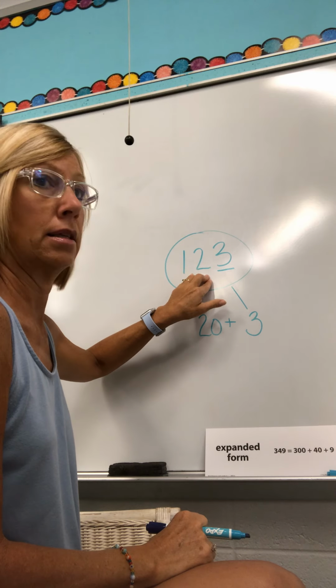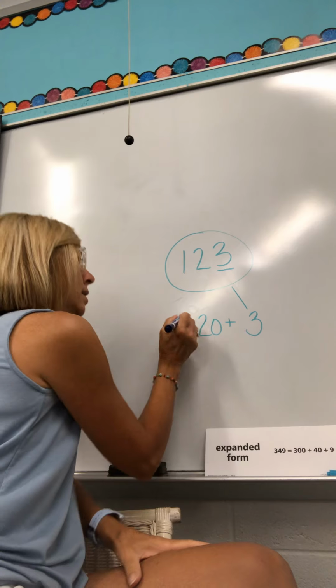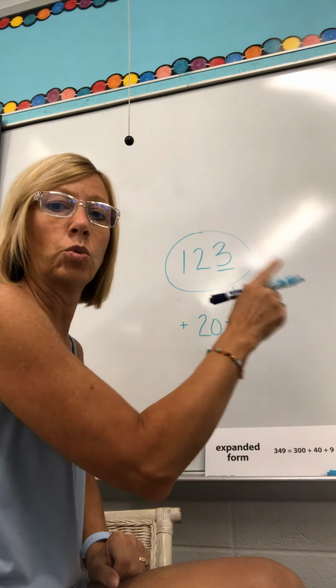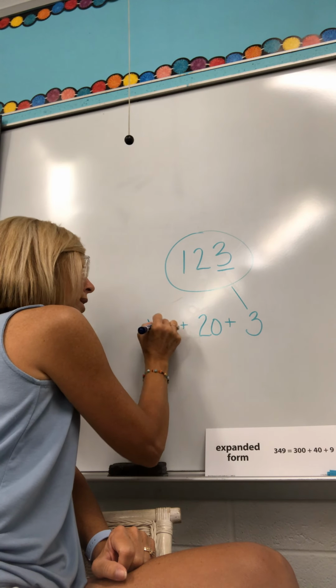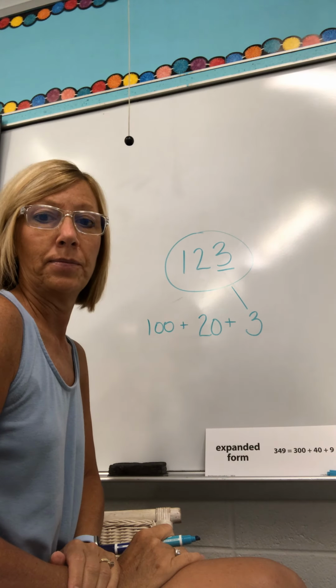So 2 tens. 10, 20. Yep, that's worth 20. Put your plus sign in. 100. 123. Well, I just said it. So I know that the 1 is worth 100 because it's in the hundreds place value spot.